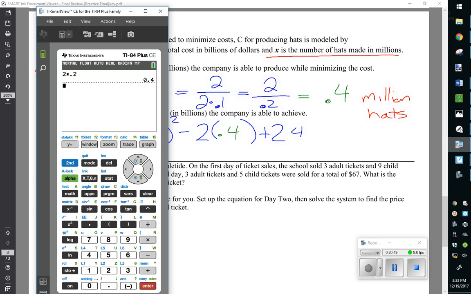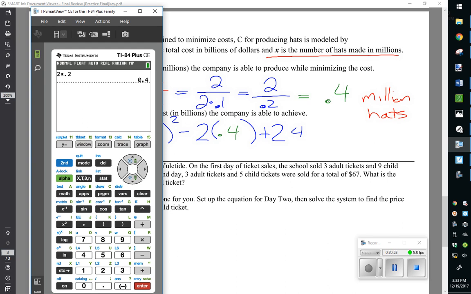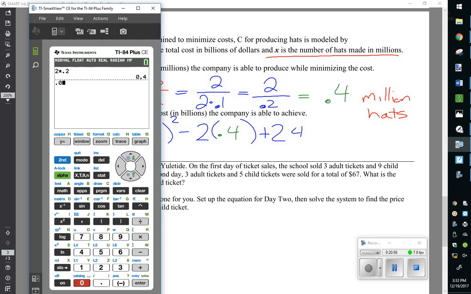So it is 0.1 times 0.4 squared minus 2 times 0.4 plus 24. Type it in. Hit enter. How much is that thing going to cost? $23.216 billion. That's the cost.